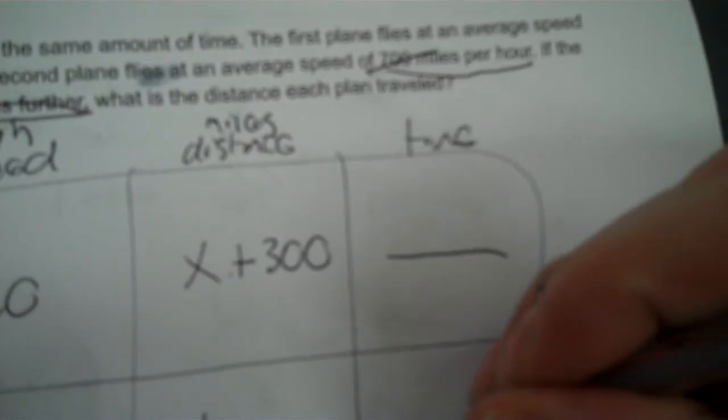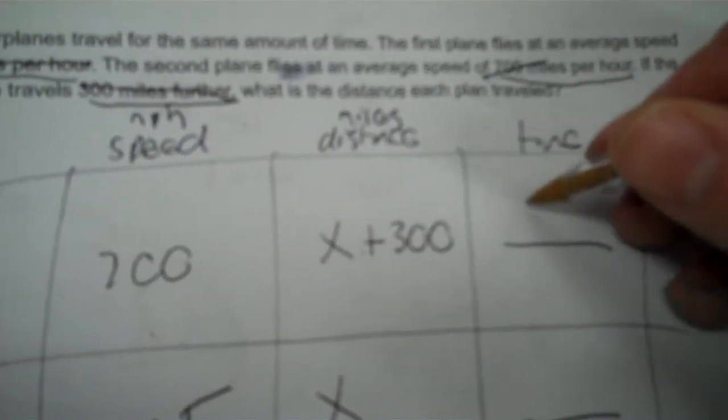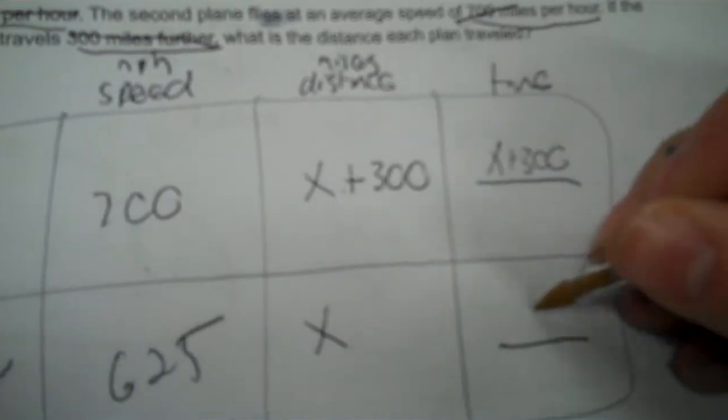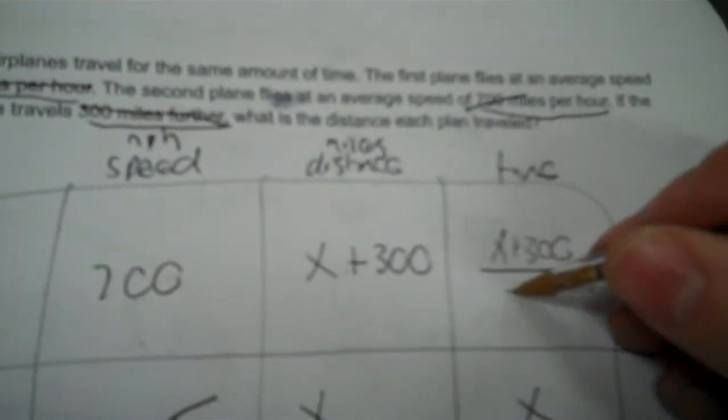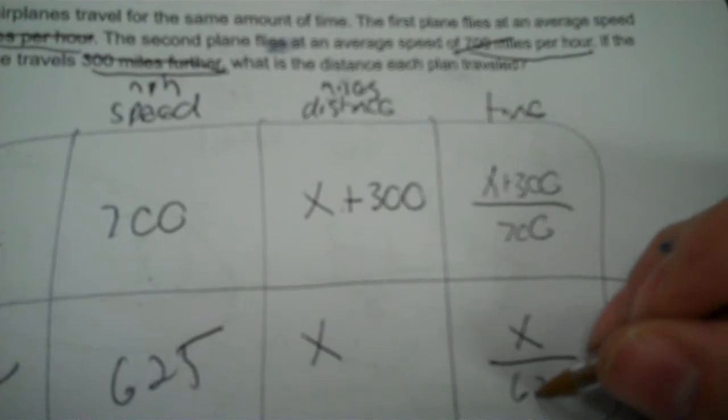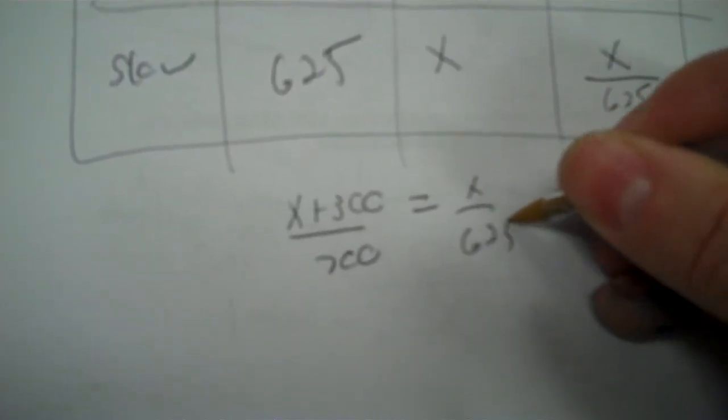And then the time. Time is where I do my distance divided by speed, but I don't know my distance in either one. Here we have X plus 300, and here we have X. The speed is 700 here and 625 here. Okay, set those equal. So X plus 300 over 700 equals X over 625.